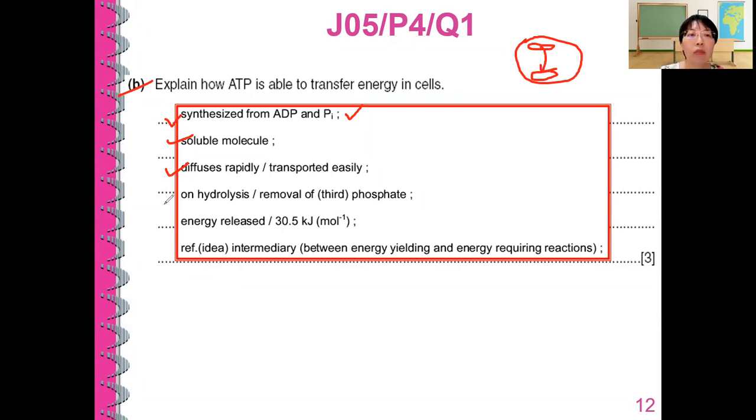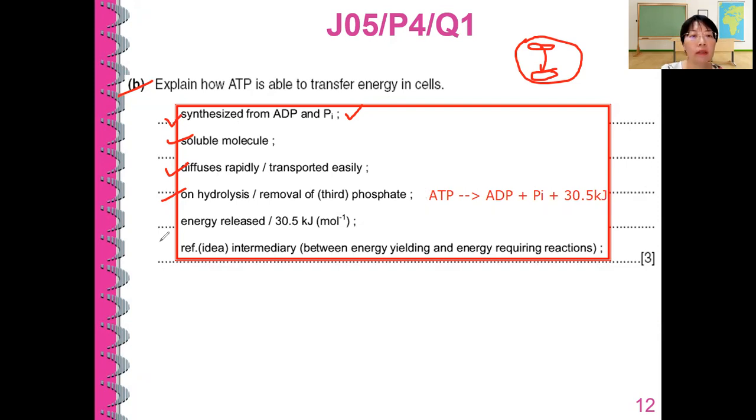Okay. After that, how does it release the energy? ATP is hydrolyzed. Or you can write the full equation also can. You write the inverse of the full equation, which is considered correct because this is universally correct. So ATP is hydrolyzed to become ADP plus Pi. You can say plus 30.5 kilojoule per mole, or you can write energy if you cannot remember how much, right?